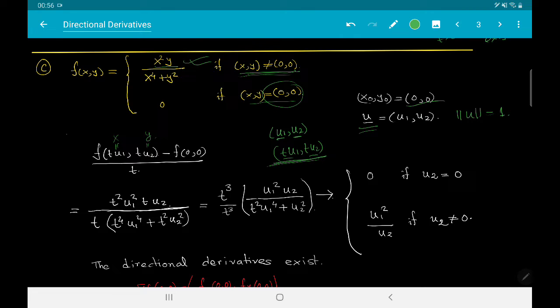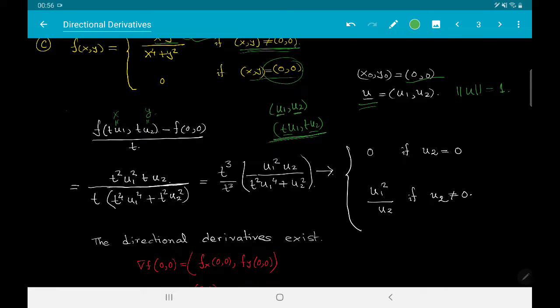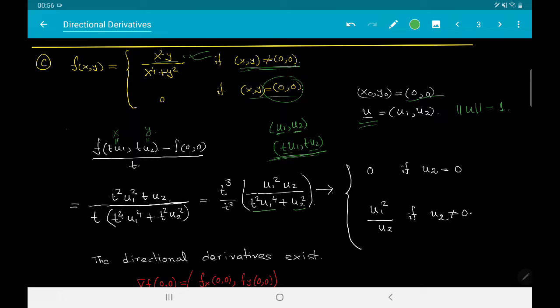If you compute this correctly, this simplifies to the expression u1 square times u2 divided by t times (u1 to the power 4 t square plus u2 square). Now I distinguish this limit into two cases. I take the limit as t tends to 0.